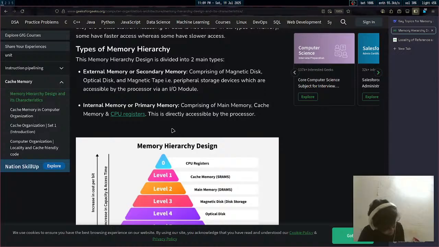So with this, I think I can elaborate the input output module more clearly. The input output module comprises all those protocols which are being followed, for sure.